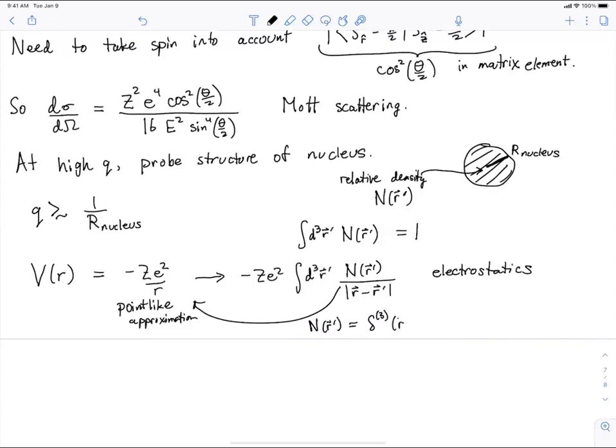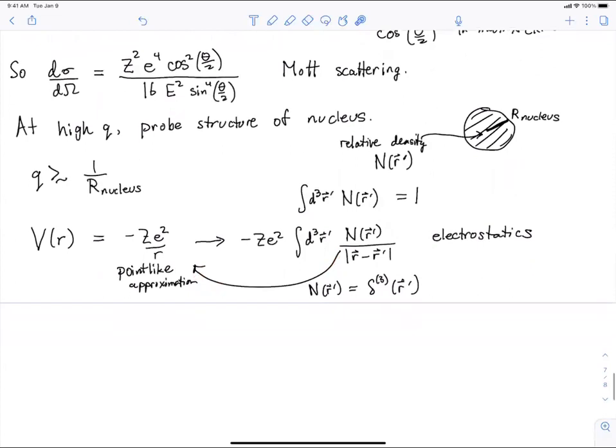That's just saying all the charge in my nucleus is concentrated at the single point r prime equals 0. Then I get back the formula that we originally derived in the Born approximation for Rutherford scattering.